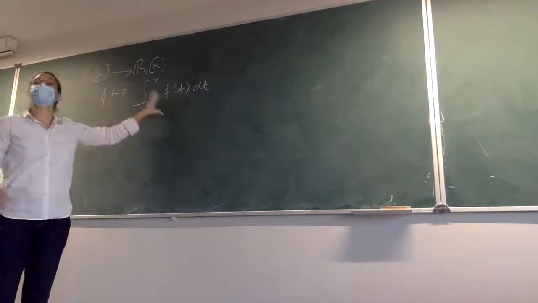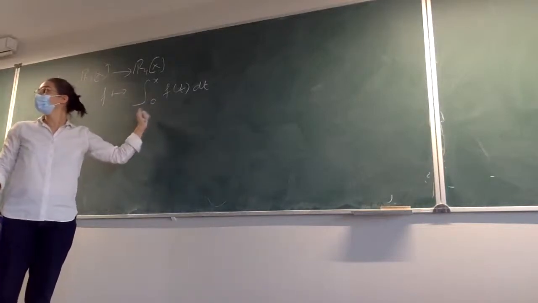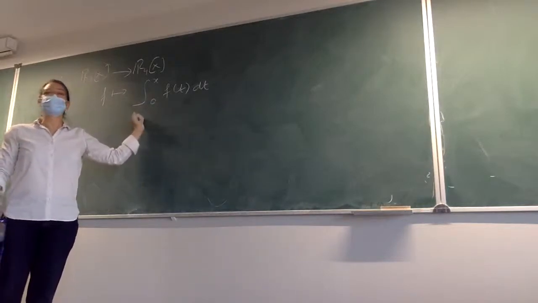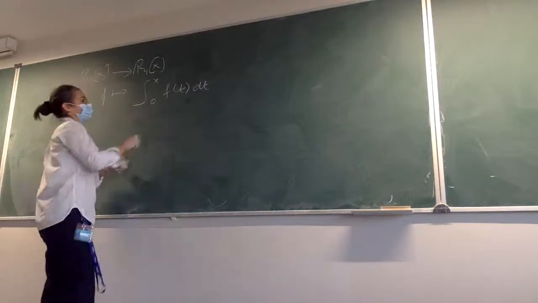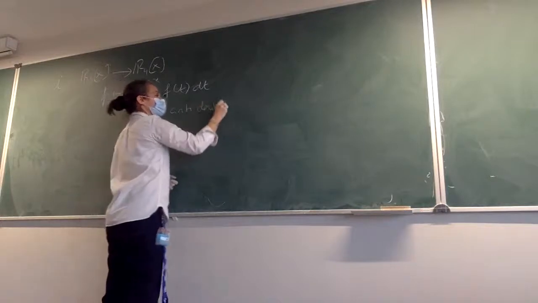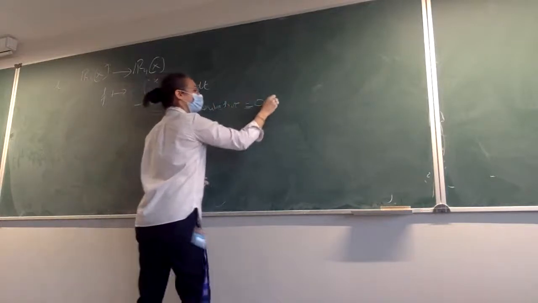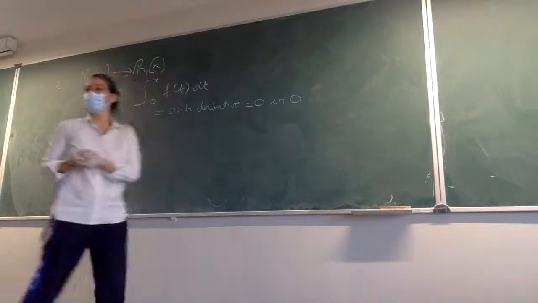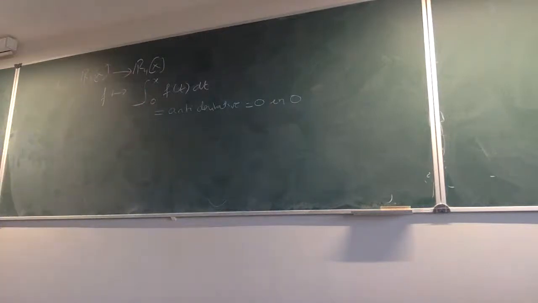So for one function, I've got one single image because I'm choosing the antiderivative that is 0 at 0. Okay, so that's worth noting. That's one of the specific primitives of this function.